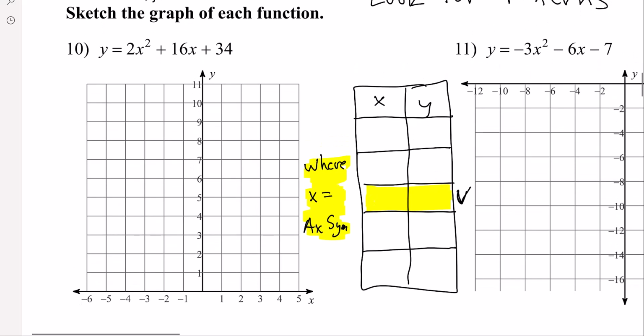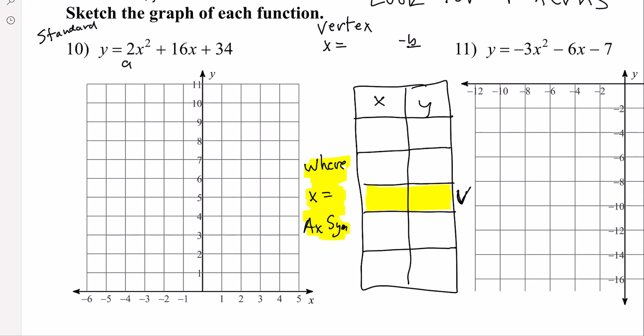Okay, so when we have to sketch the graph of a function, and it is in standard form, you would find the vertex first. And once you find the vertex, then you pick two x values to the right and to the left. So to find the vertex, we take the opposite of b.